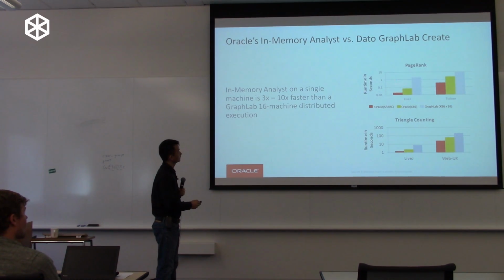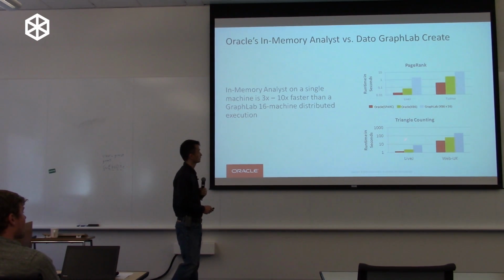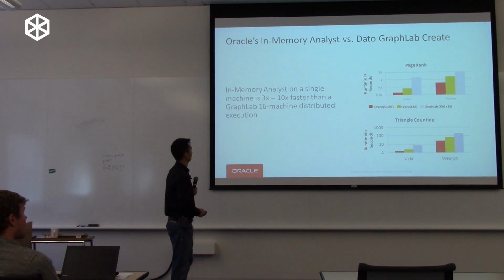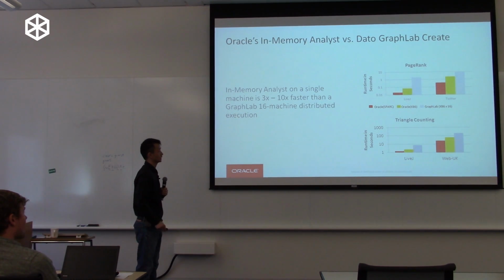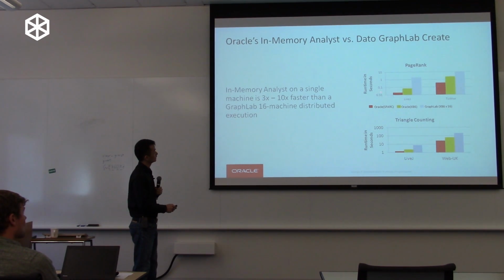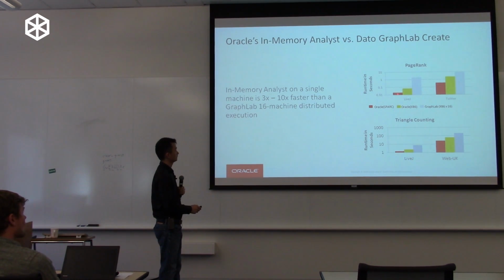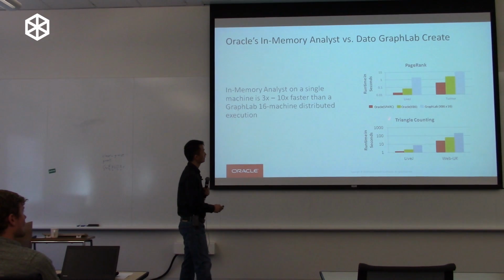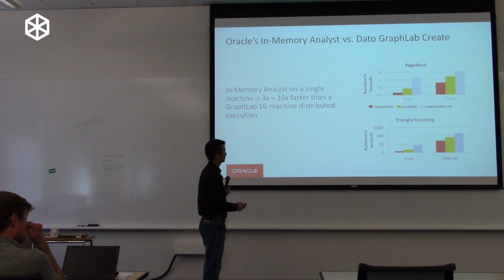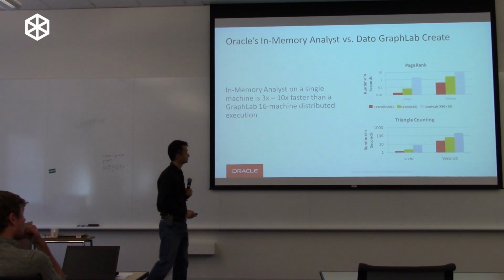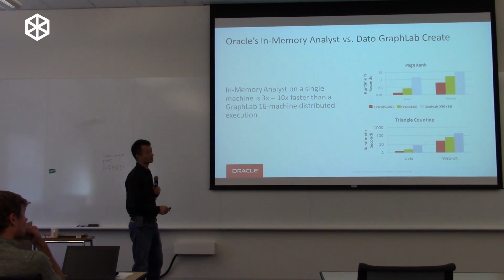Here we are evaluating PageRank and triangle counting. This is the Web UK graph, which has about 3 billion edges. Again, this is in log scale, the lower the better. We tried the in-memory analyst, PGX, on 2 different chips, x86 and Oracle SPARC. With SPARC, there are a lot of threads.